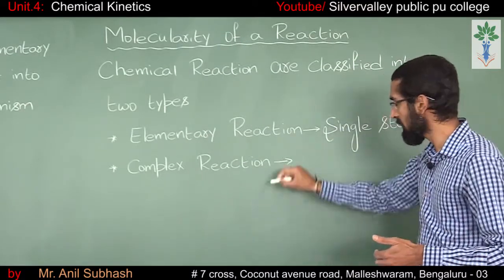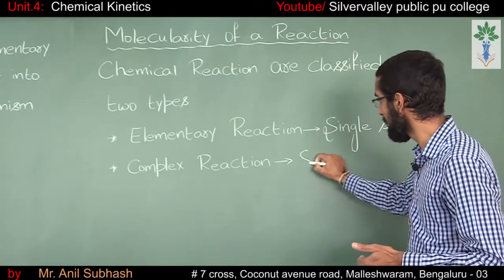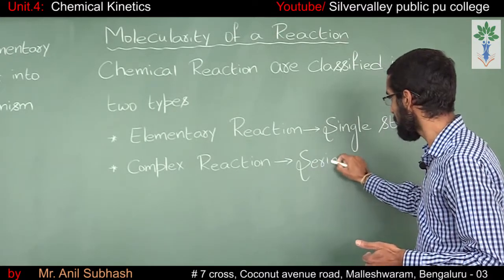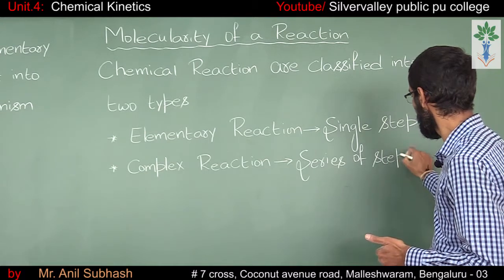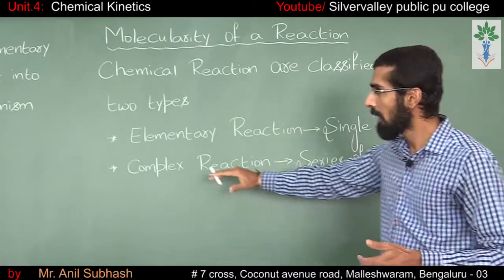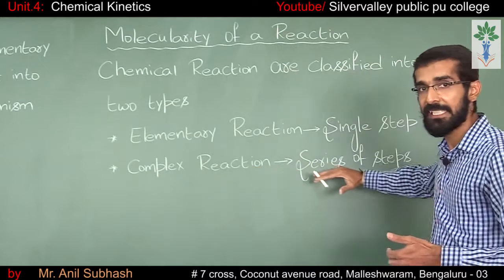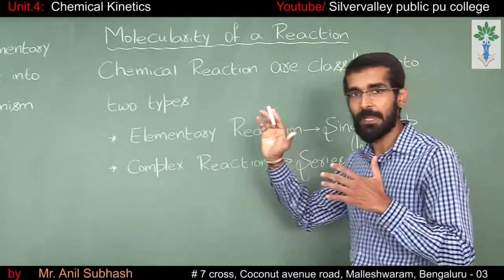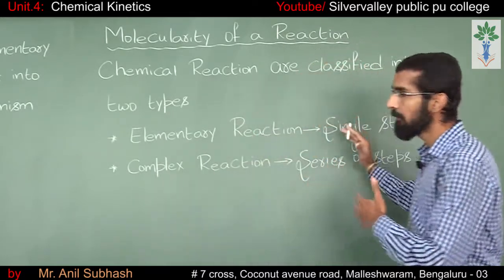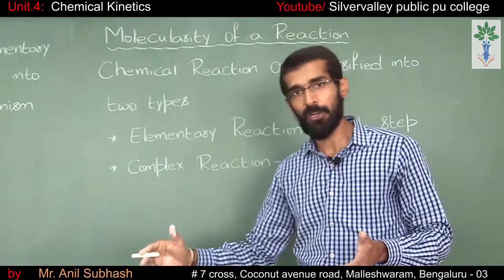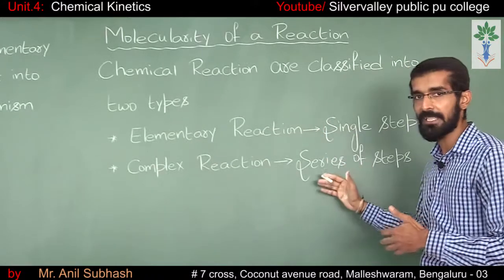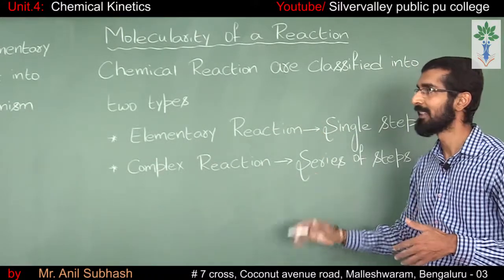A complex reaction is one which occurs in a series of steps. The stepwise sequence of elementary reactions that convert the reactants into products is known as the mechanism of the reaction.